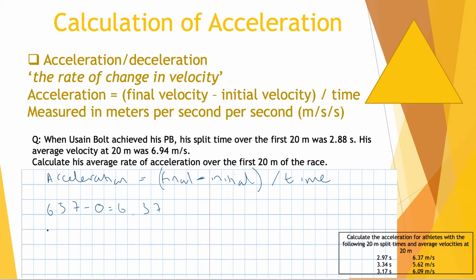And then obviously we go 6.37 divided by the time, 2.97, which gives 2.14, and again metres per second per second. After I've done each one of these, by the way, just pause the video and check that you got it right on your reading when you tried out the calculations before watching this video.